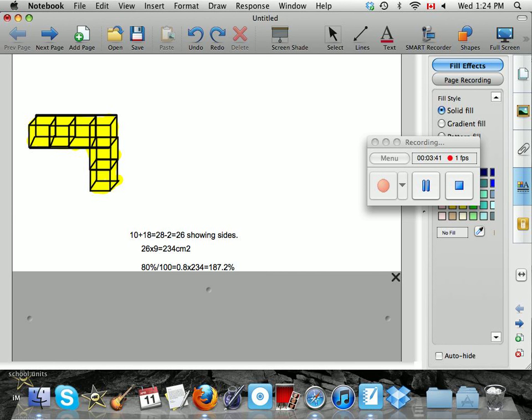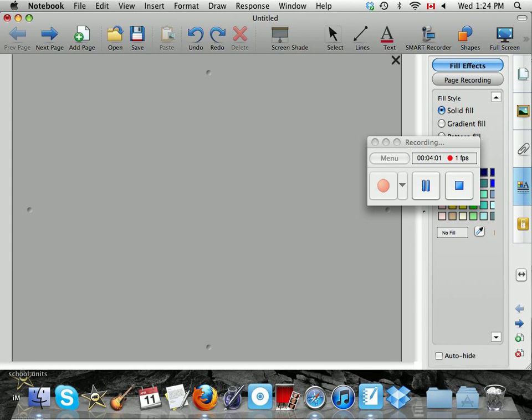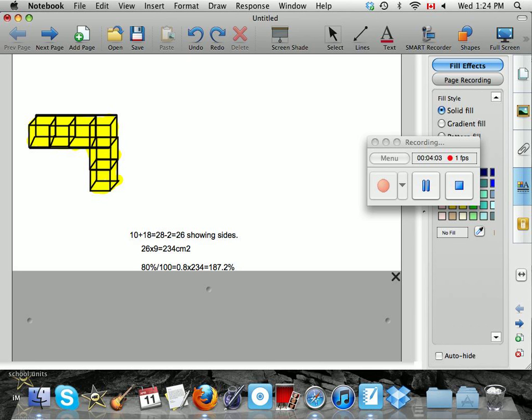Okay. So 80% of the total surface area of the structure equals 0.8 times 234, because we have 234 centimeters squared showing, which equals 187.2. Sorry about that.